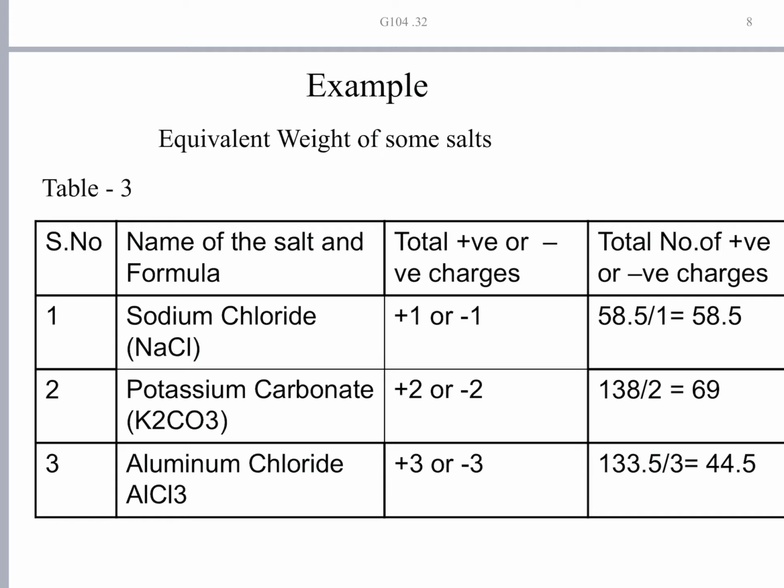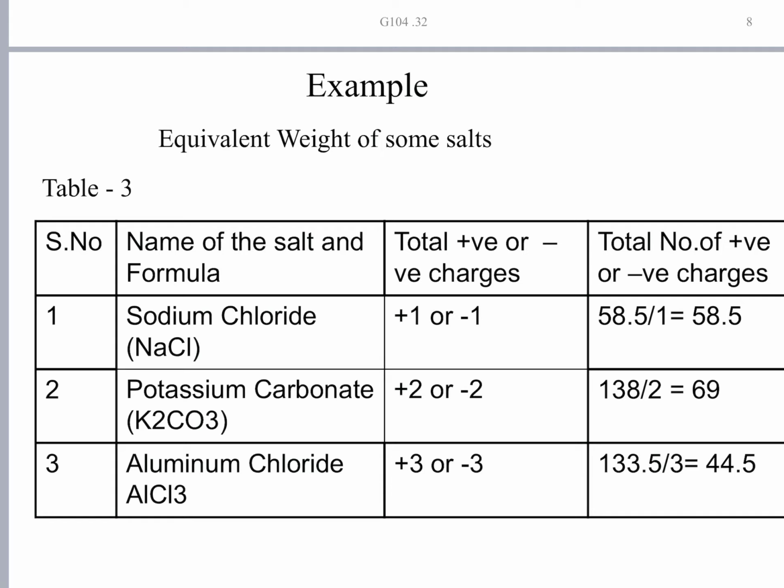Here the gram molecular weight of aluminum chloride is 133.5 grams and it is divided by 3, that gives you 44.5 grams. With this, we have learned how to calculate the equivalent weight of salts also.